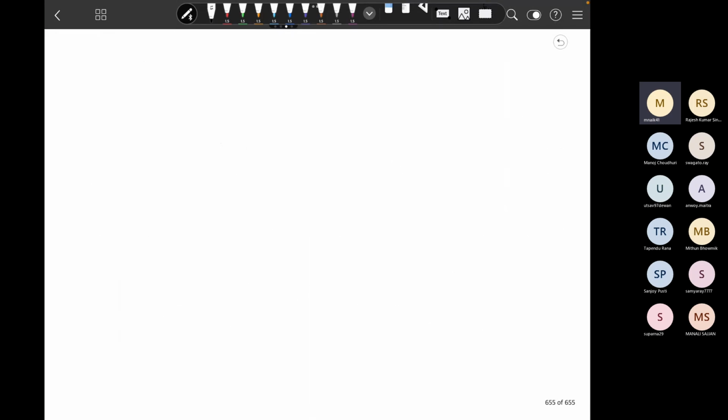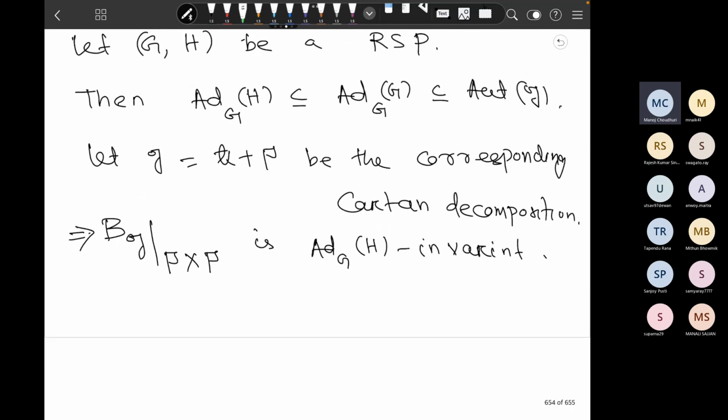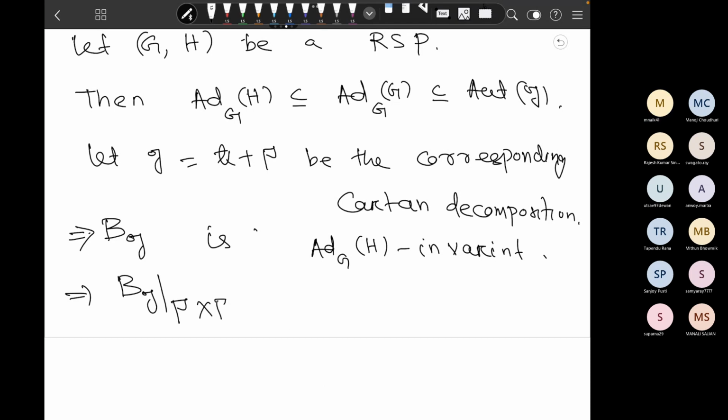Now we have two cases. Now, Mona, say it again. What is the significance? It is B_G restricted to 𝔭 × 𝔭 is Ad_G(H) invariant. Okay, so if I restrict this B_G to 𝔭 × 𝔭, this is also Ad_G(H) invariant.